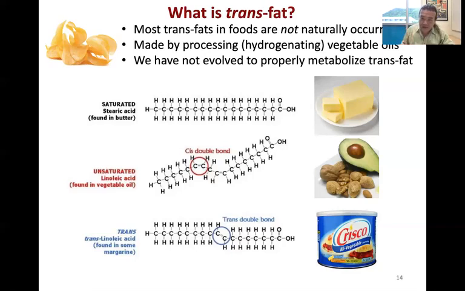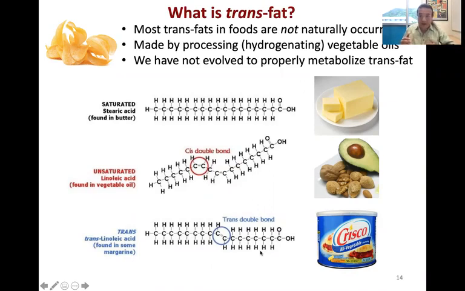A trans fat is if you take one of these cis double bonds and chemically alter it. So now you can see you've twisted it around, so that the hydrogens are pointing in opposite directions. So instead of cis, they are in trans, away from each other. What does that do to the molecule? You can tell it straightens it out, making the unsaturated fat more like a saturated fat.